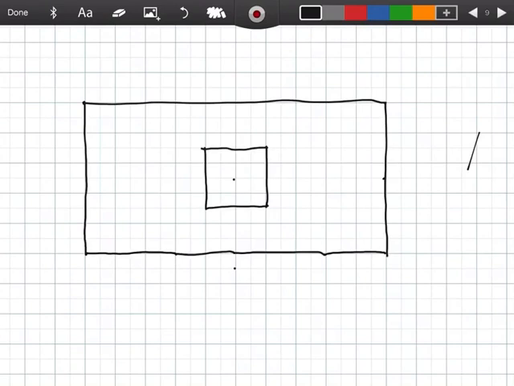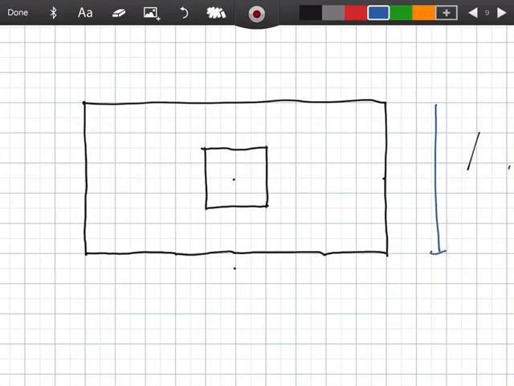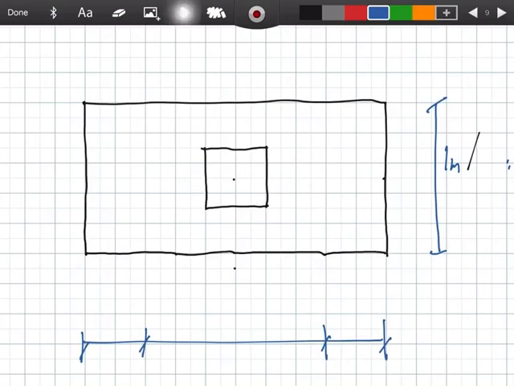So, sa short reinforcement, drawing natin yung short reinforcement natin. So, 0.5 meters.